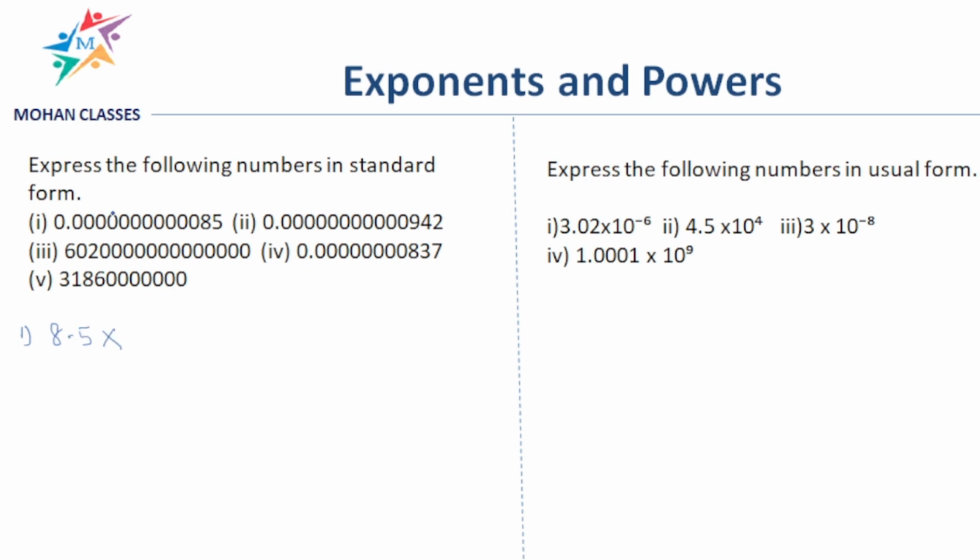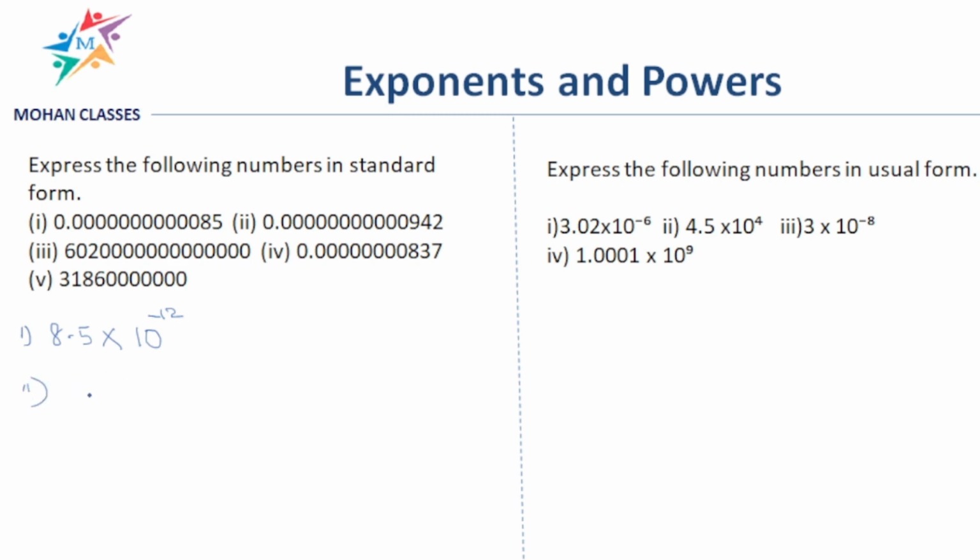Here we are converting decimal into whole number, right? 1, 2, 3, 4, 5, 6, 7, 8, 9, 10, 11, 12. So that means 10 to the power of, what will come? Minus 12, because we are converting decimal into whole number. Clear?